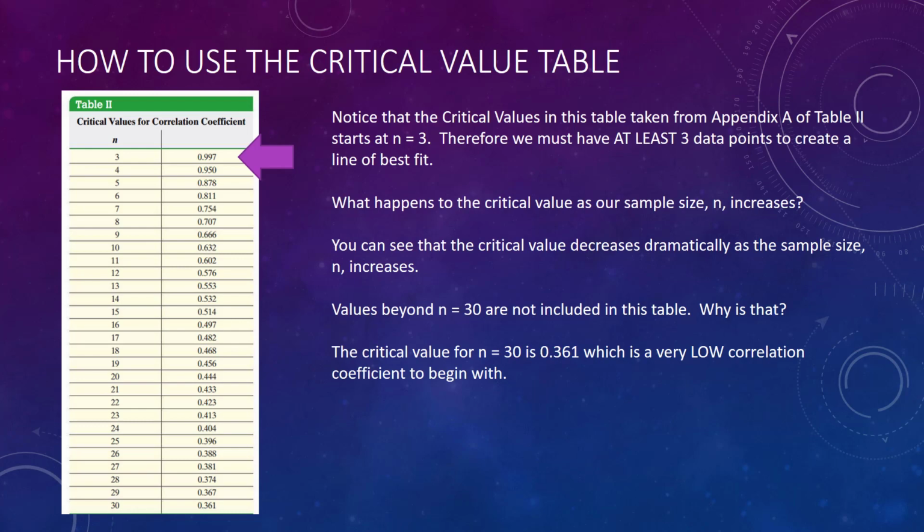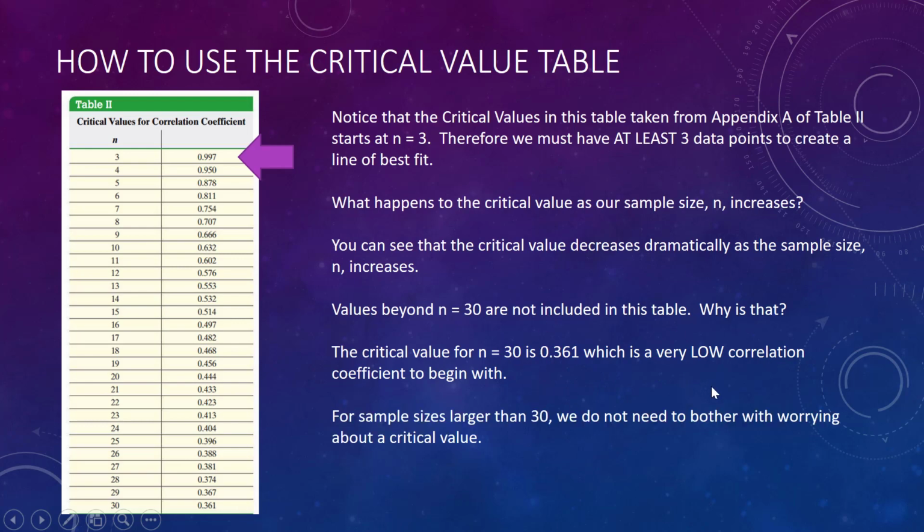The answer is that, as you can see down here, the critical value associated with a sample size of 30 is 0.361. This is already a very low correlation coefficient to begin with. And so for sample sizes larger than 30, we don't worry about or bother with finding a critical value.